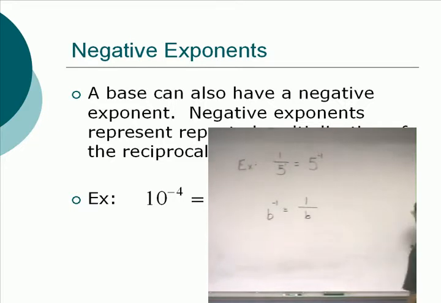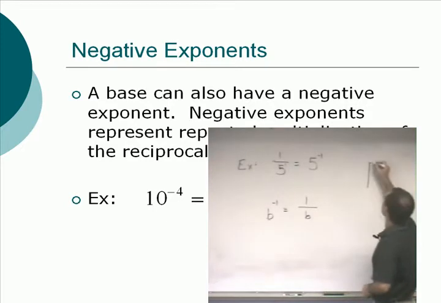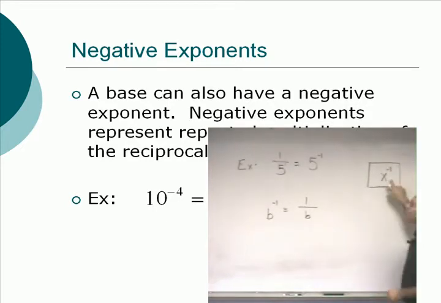I sure wish the calculator companies would have a meeting in Jamaica, all get together and agree on what their buttons were going to look like, because they don't. One thing that this might look like is this. That, of course, as we just said, is a symbol for reciprocal. You might have that one. Anybody have that button on your calculator? The other one that you might have, and this is the one that I have on mine, is 1 over x, which is the other symbol for reciprocal.